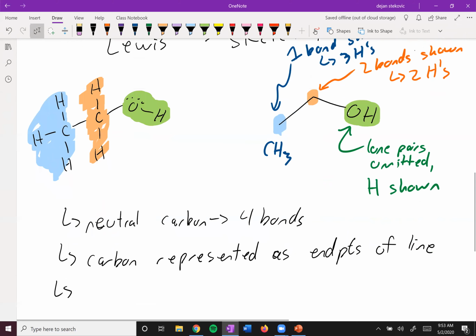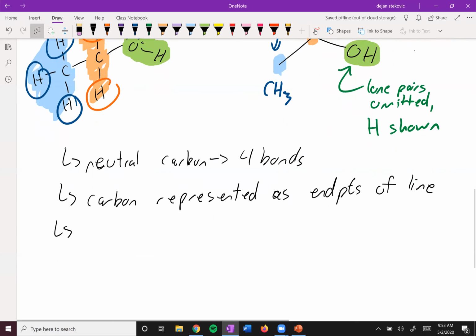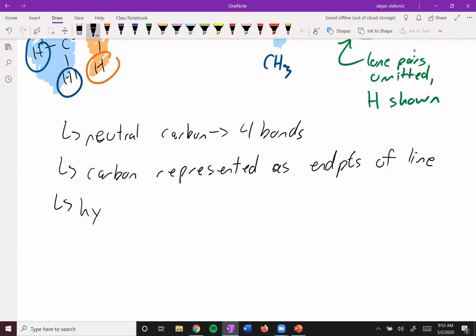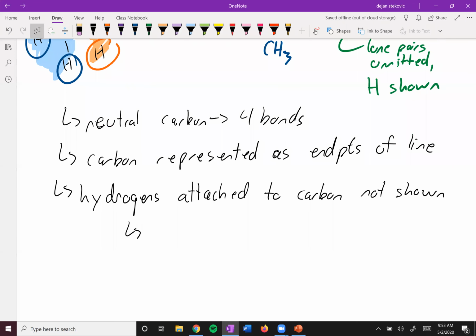As we can see here, right? We didn't draw these carbons or these hydrogens. We simply assume that there are as many hydrogens as needed for carbon to have 4 bonds.